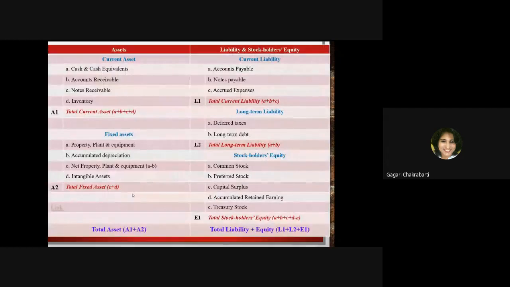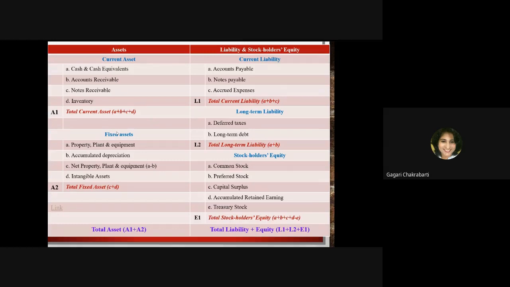Okay. So here I'll be showing you in columns the balance sheet, that is the textbook description. But when I show you a real-life example of a balance sheet, you will get it in the form of first the assets and then the liability and the stockholders' equity. So on the asset side, we have the current asset as well as the fixed asset.